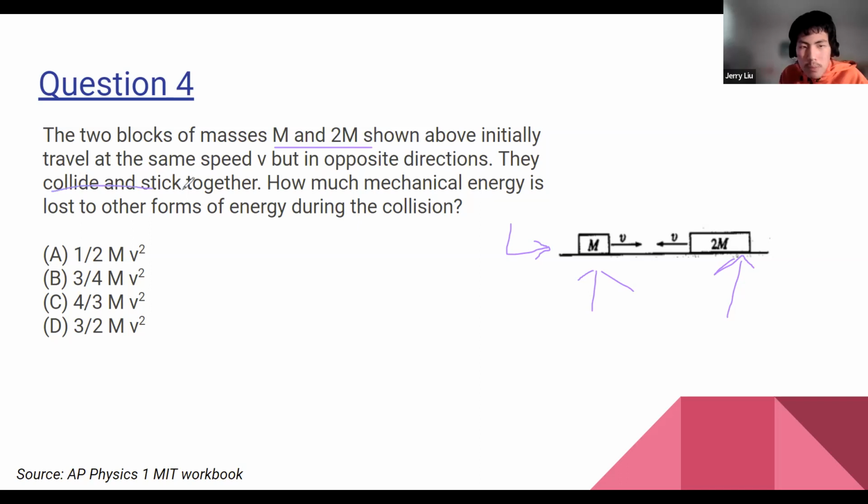They end up undergoing a perfectly inelastic collision and start moving together. So does anyone want to tell me what direction these two objects are going to go after this collision ends, and why? Does anyone want to tell me that?